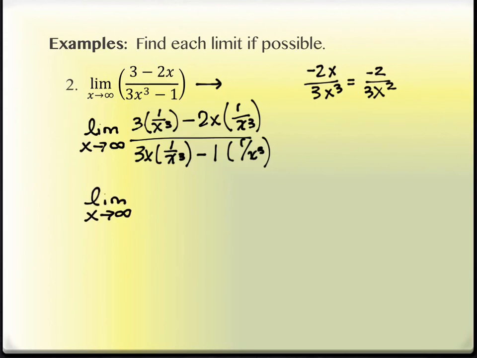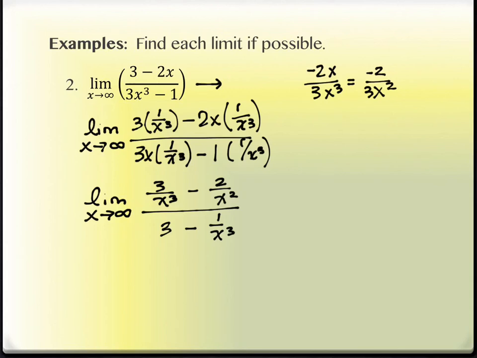The reality is, it kind of doesn't matter. There's a lot of really nice things that are about to happen. So I've got 3 over x cubed. I've got negative 2 over x squared. What happens to the denominator first piece? It's 3. And then I have minus 1 over x cubed. Okay, is everybody good with where I am at this point?